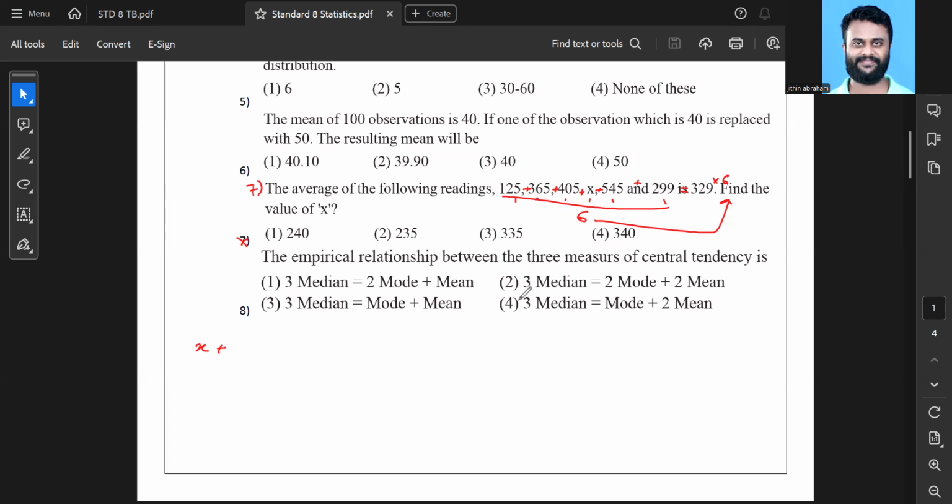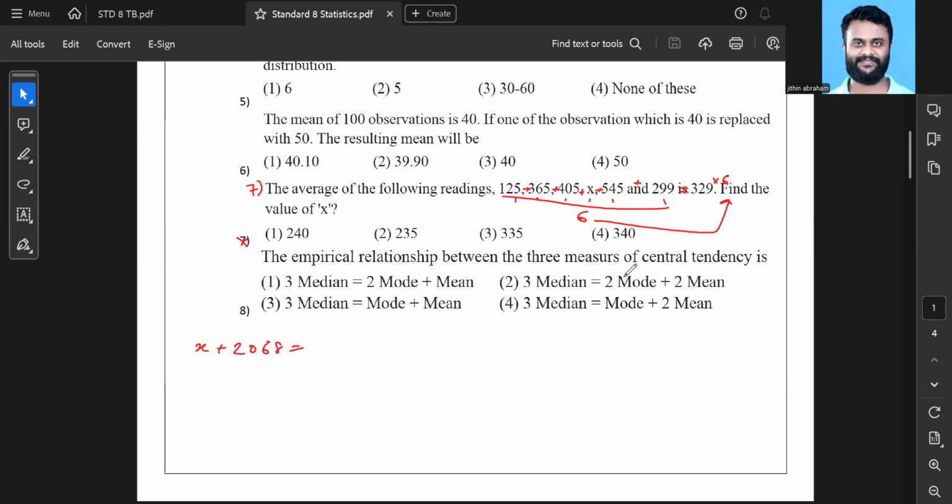So what all numbers do I have? 125 plus 365 plus 405 plus 545 plus 299 plus 329. So when I add all the numbers, I get 2068.